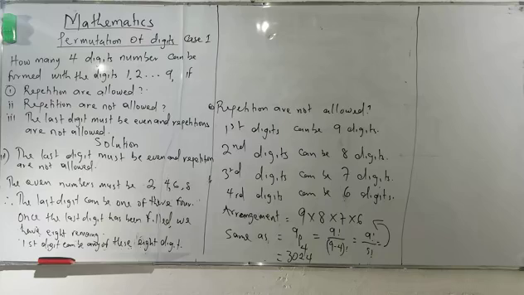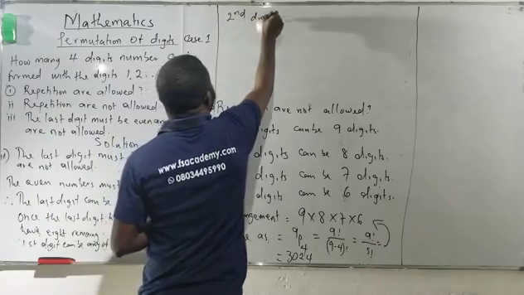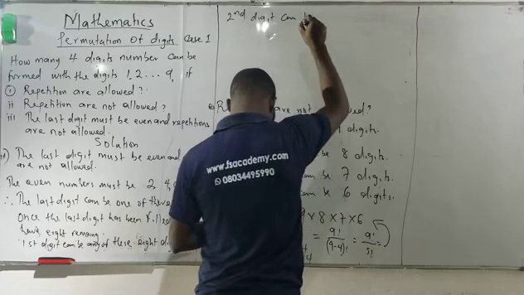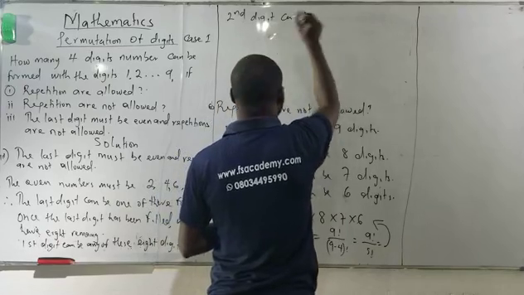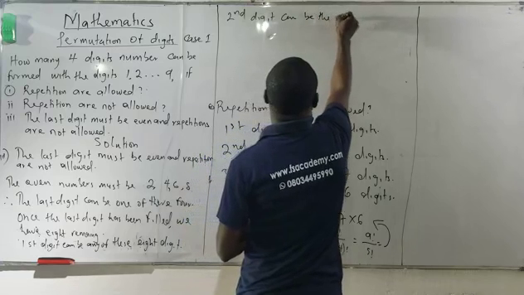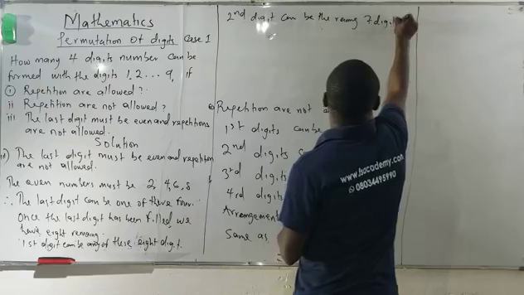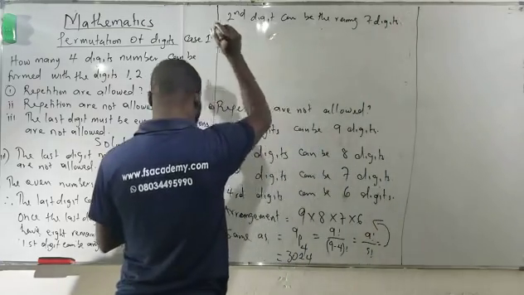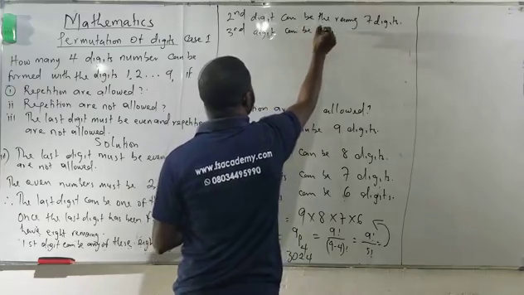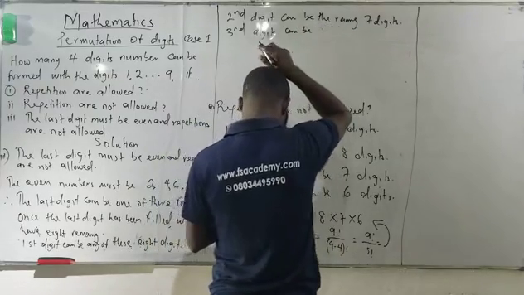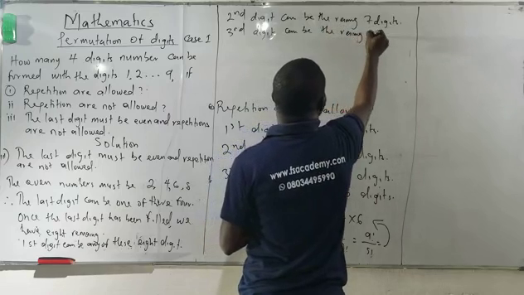Now, the second digit can be any of the remaining 7 digits. And the third digit can be any of the remaining 6 digits.